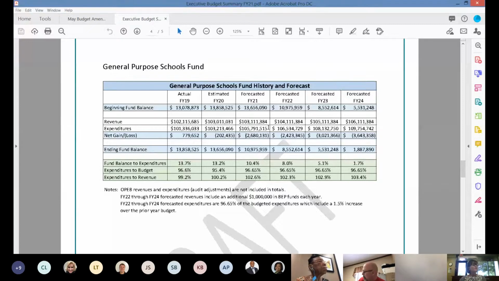Is that what you're saying? For the last 2 years. Last two. Yes, I didn't include where we think we're coming in this year because it's an extraordinary year with the COVID-19 situation, and it looks like we're coming in. You can see there estimated for fiscal year 20 at 95.4%.